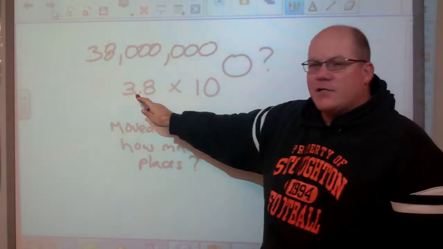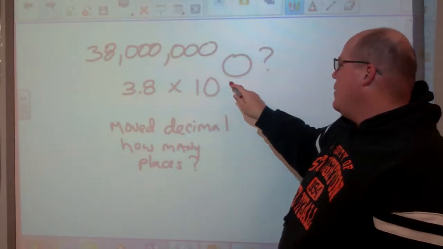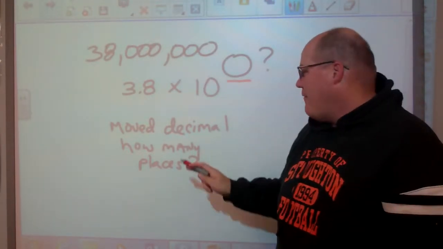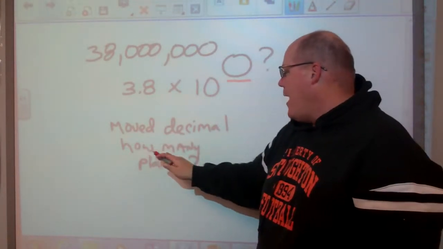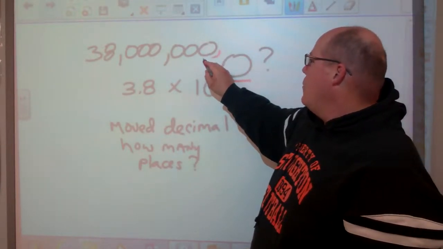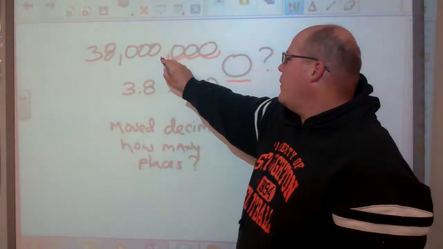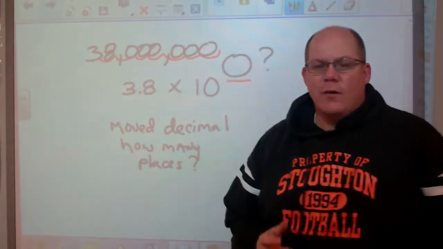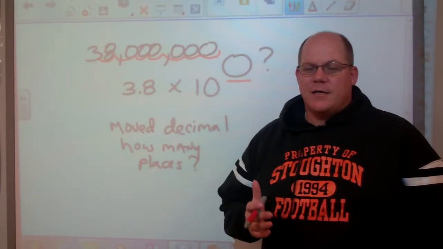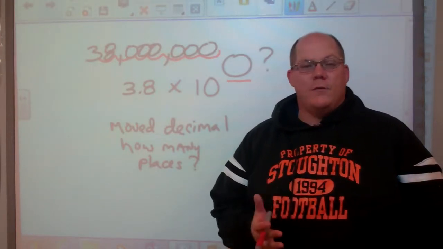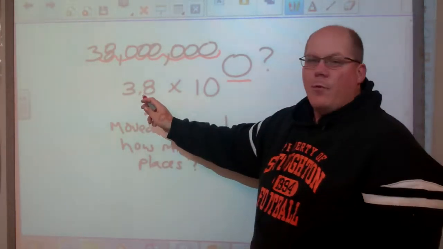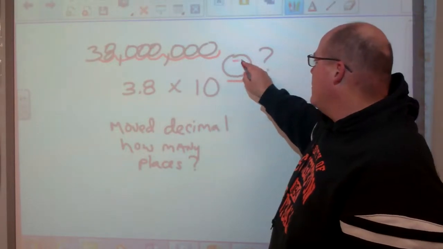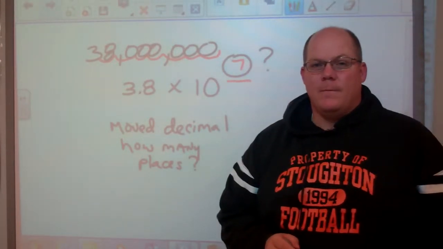I would rewrite it as 3.8 times 10 to the what power? I have to look: I moved the decimal how many places? 1, 2, 3, 4, 5, 6, 7. So we moved the decimal 7 times to get to a number between 1 and 10, which was 3.8. So we have 3.8 times 10 to the 7th power.